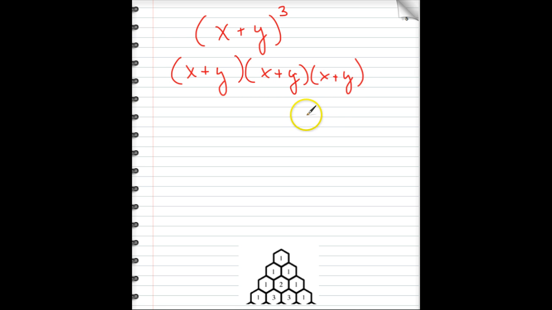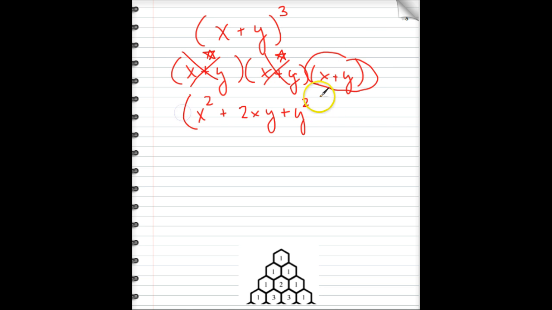We already saw from the previous example, when you multiply two of them together, such as these two, you end up with x squared plus 2xy plus y squared. If you don't believe that, you probably want to go back and look at the previous example. So this one and this one are done. They're multiplied through. So now we have to multiply this trinomial by the remaining binomial x plus y.